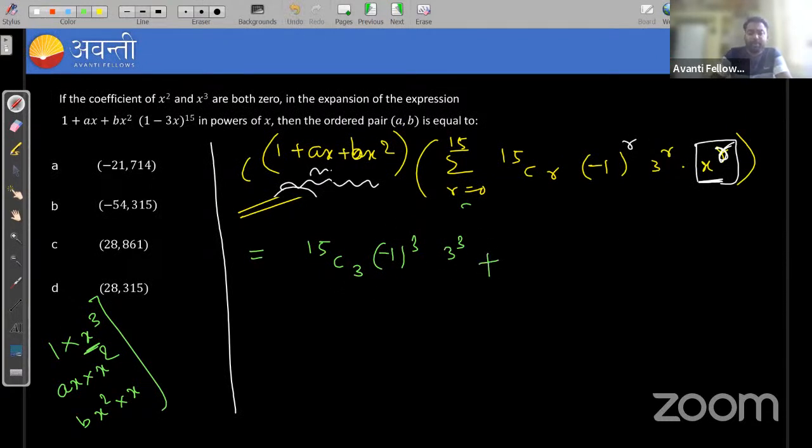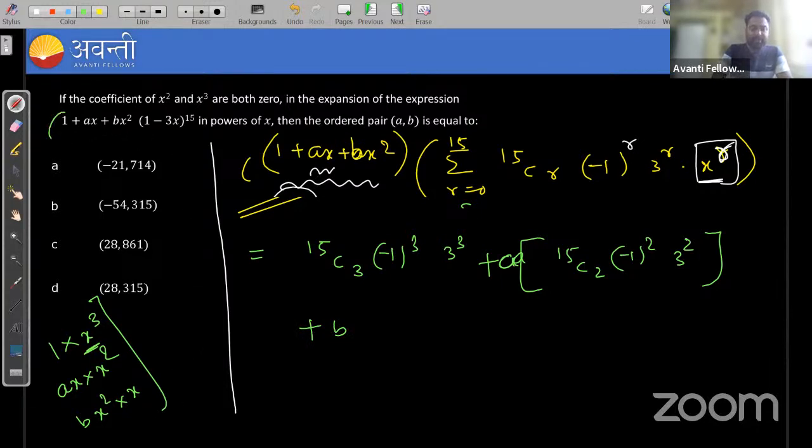Plus, when we multiply ax with this expansion, r will be 2, right? So a into 15c2 minus 1 to the power 2, 3 to the power 2, right? Plus b into x square.